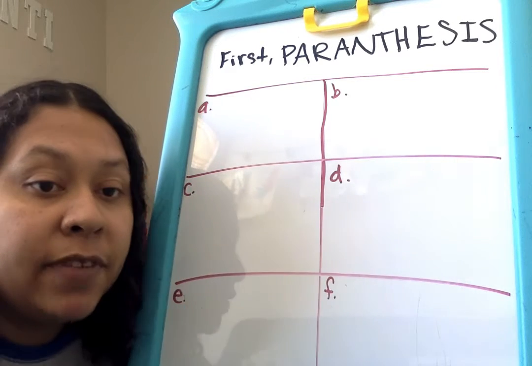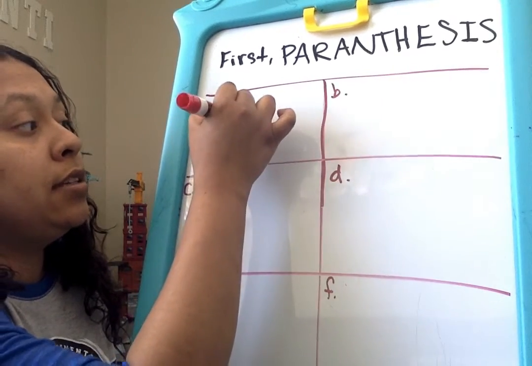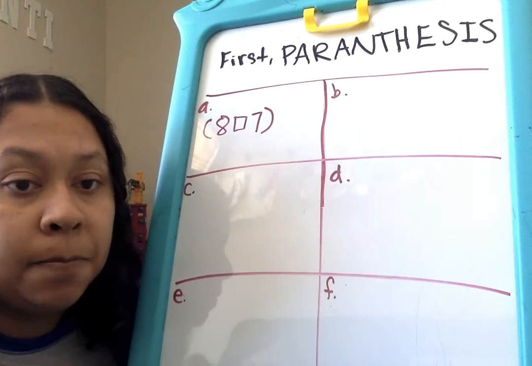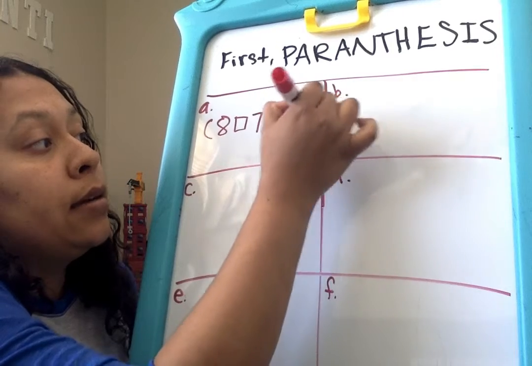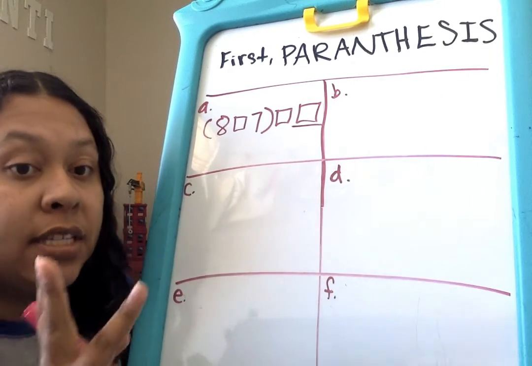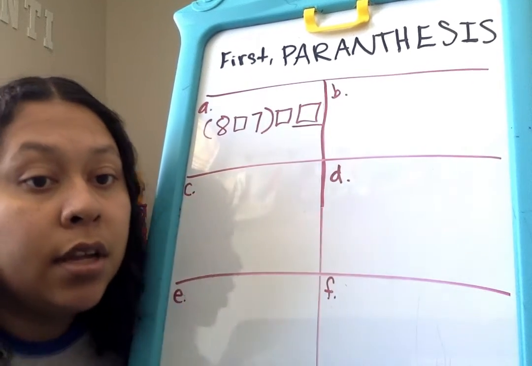I started with parentheses, 8, blank, 7, parentheses, another blank, and then a blank. So you have 3 blanks to fill in the expression first and then solve it.